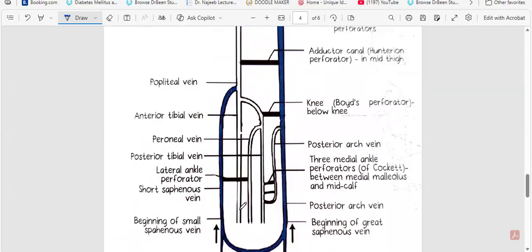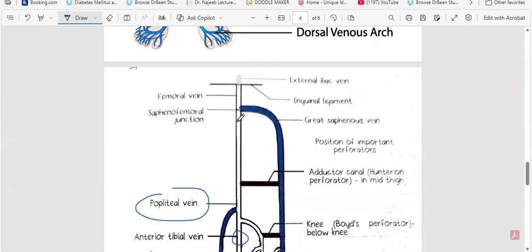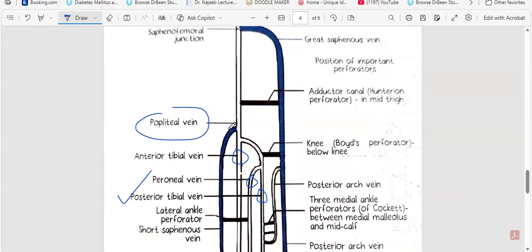Deep posterior tibial vein. This is peroneal vein. This is anterior tibial vein. This is the short saphenous and popliteal vein. This is femoral vein. So these are the superficial, and these are the deeper, popliteal vein.